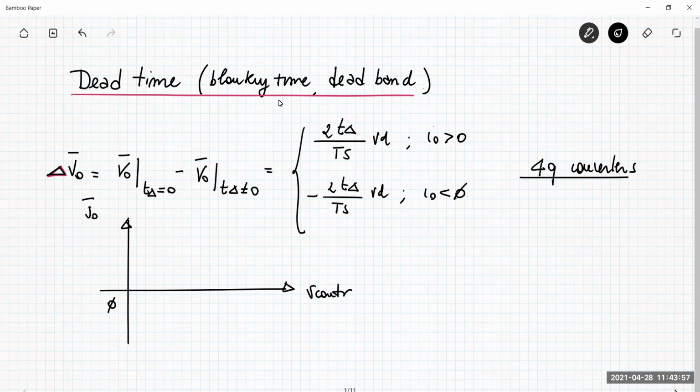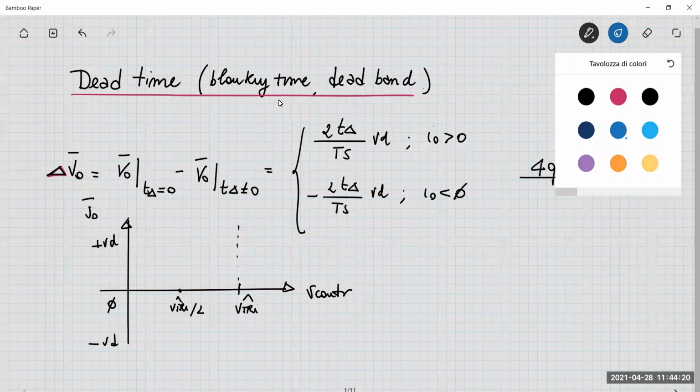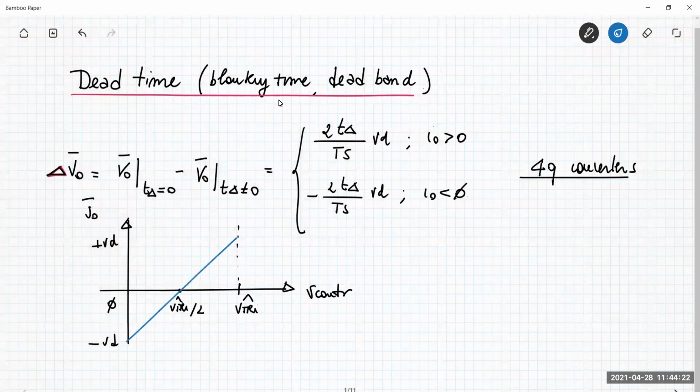The control voltage ranges from 0 to the peak value of the pulse width modulator carrier. And then we have plus Vt, negative Vt. And this is the curve with T delta equal to 0.